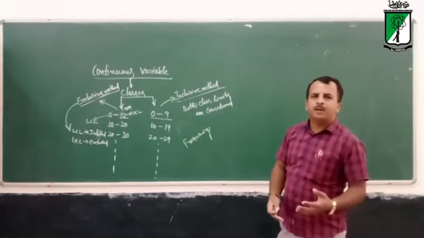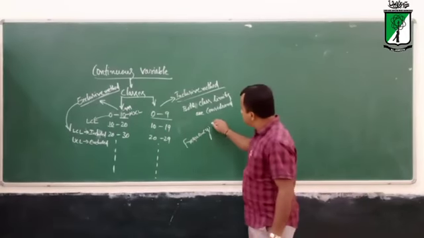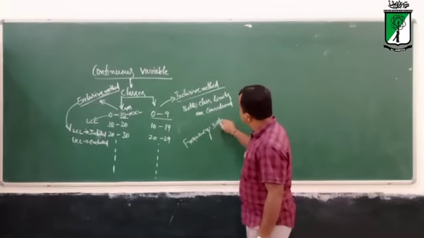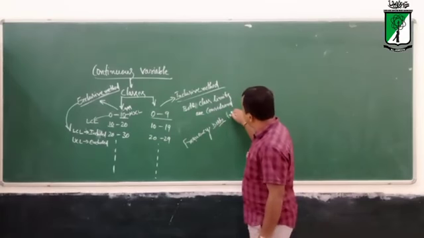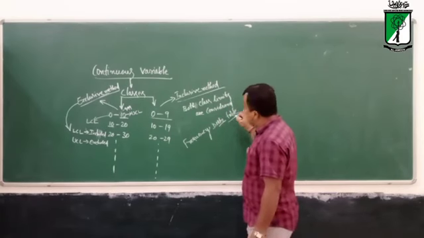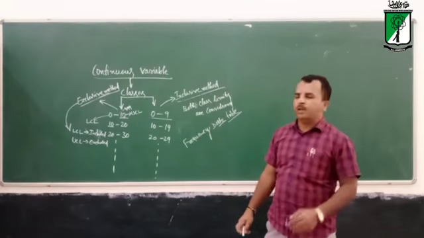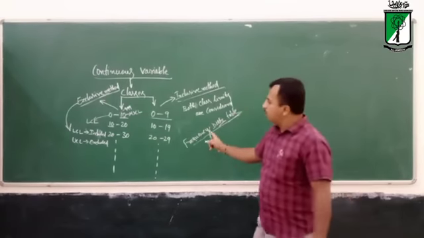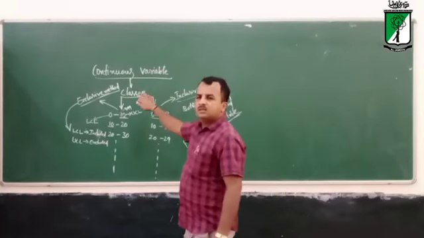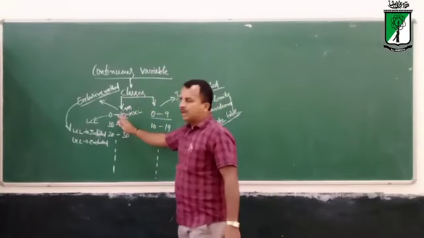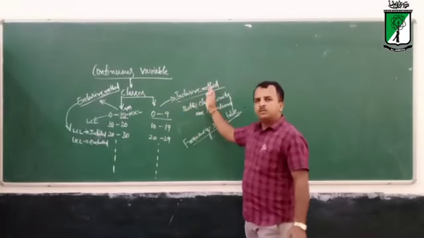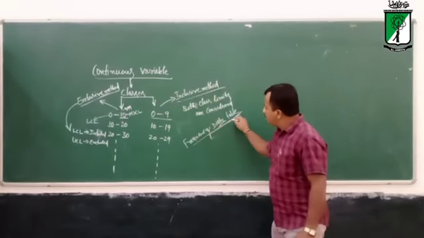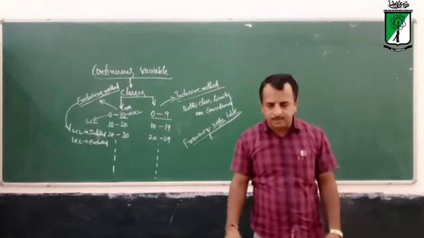When we want to prepare a frequency distribution table, using tally marks or anything, we use this type of classes. It may be the exclusive method or the inclusive method. Hope you are understanding.